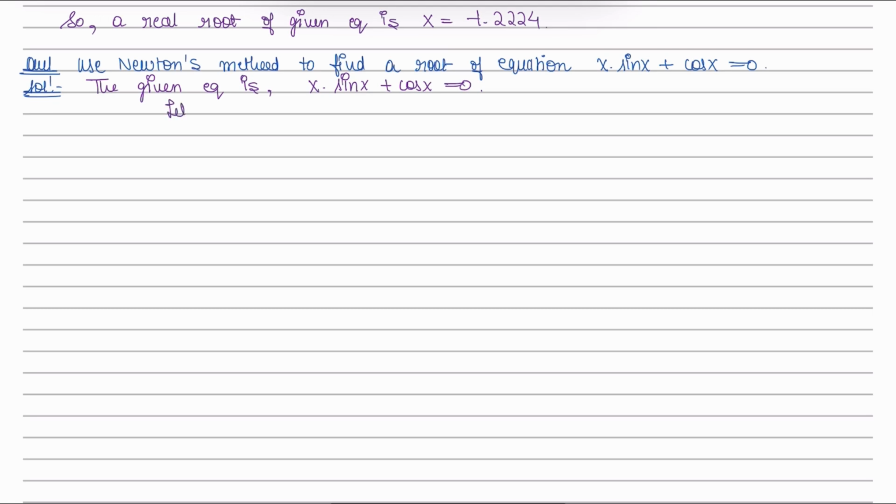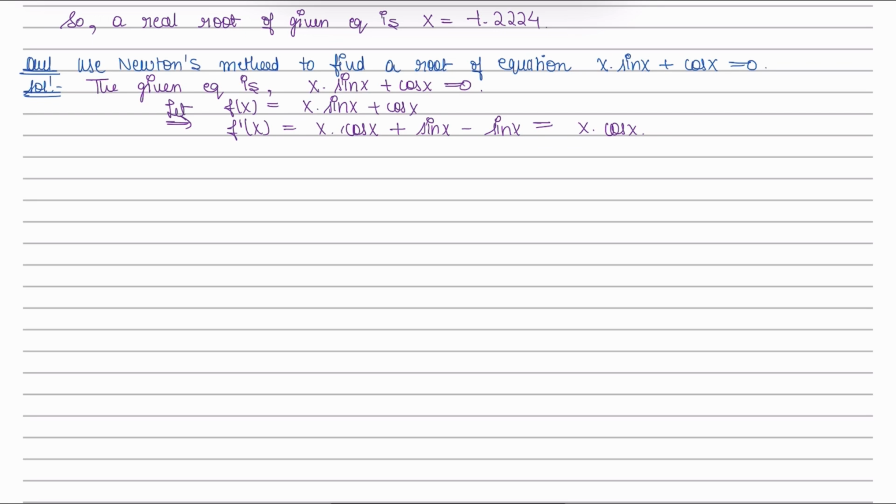Let f of x be x into sin x plus cos x, implies its derivative with respect to x becomes x into cos x plus sin x minus sin x, which is equal to x into cos x.